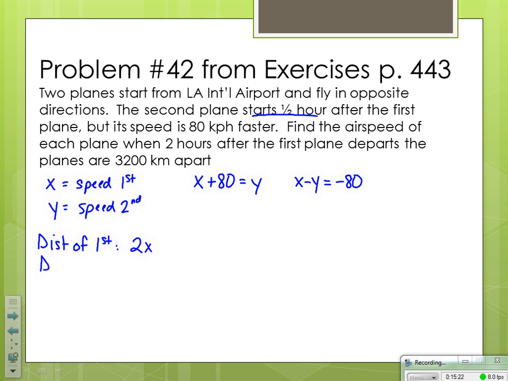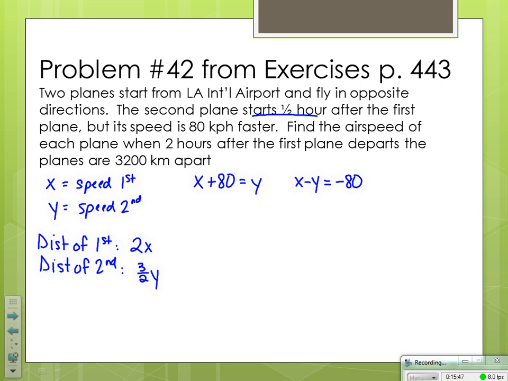How about the distance of the second guy? That one's speed was y, and it only traveled for an hour and a half. You can either use 1.5 or 3 halves. I'm going to use 3 halves, I like fractions better. So that's how far that guy's going to get: flew for an hour and a half at a speed of y.